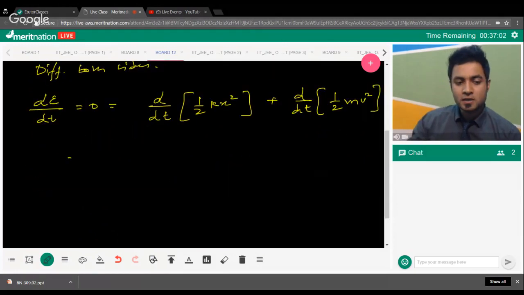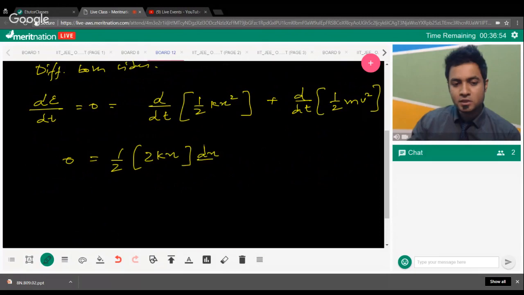So what would we get here? That would be half 2kx dx upon dt, and here half 2mv, right, dv upon dt.